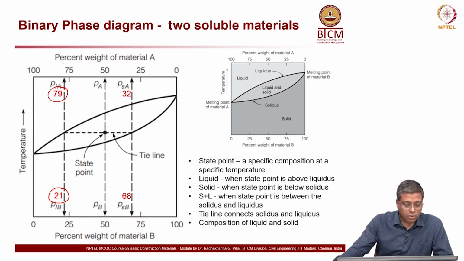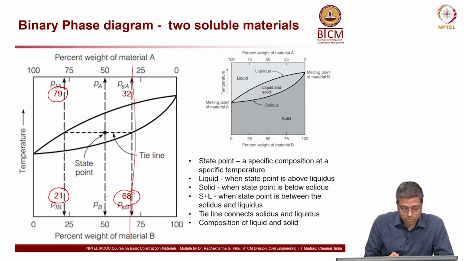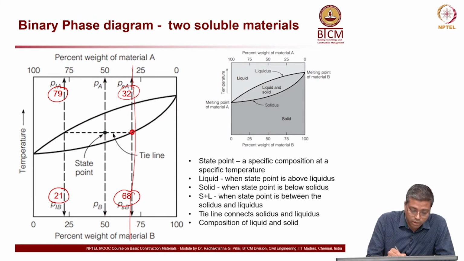On the right side you have another composition, which is 68% solid B and 32% solid A, and this is happening at this point here.